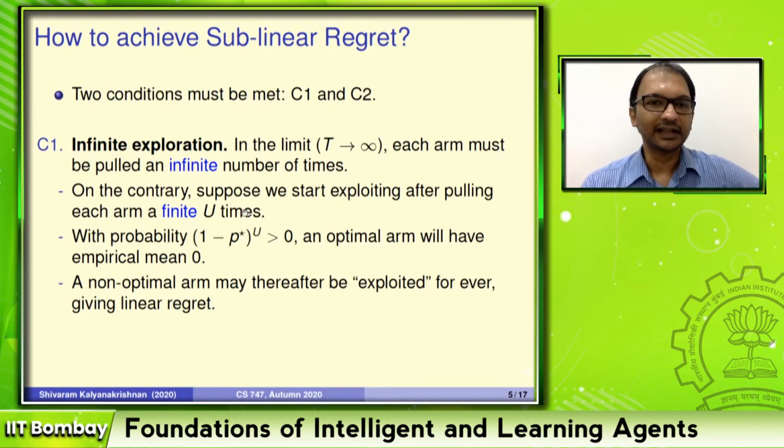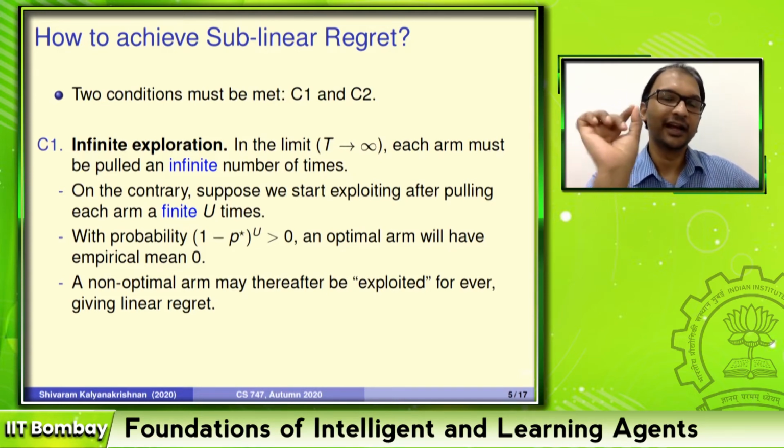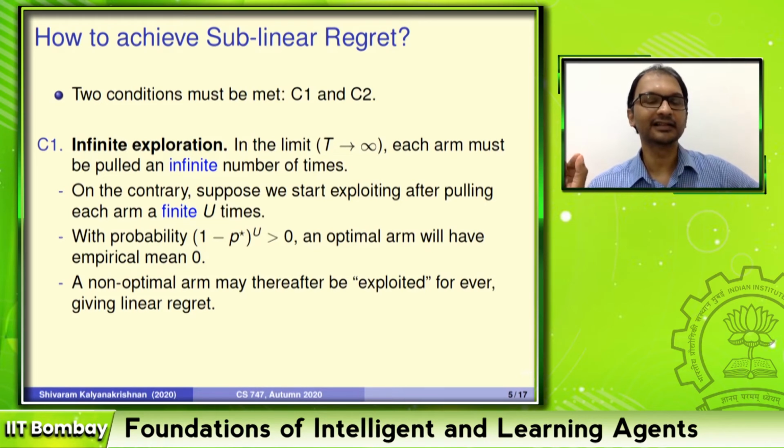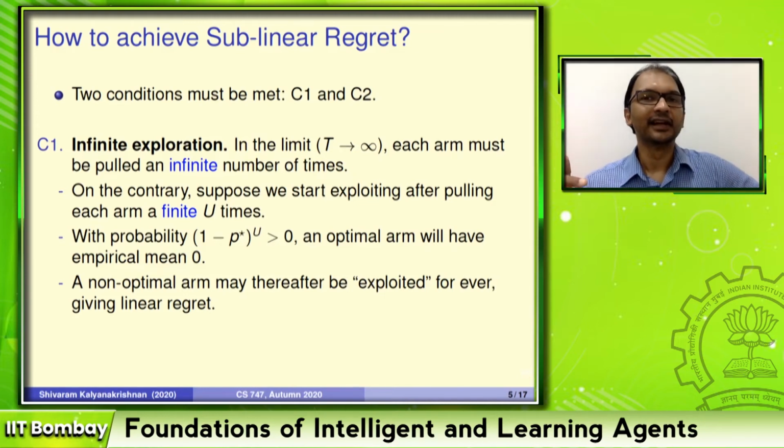So if each arm is pulled only U times, there is a small positive probability that an optimal arm in the bandit instance actually gave us very misleading rewards. In fact, with probability 1 minus p star raised to the U, an optimal arm, an arm with mean p star, will actually give us only 0 rewards.